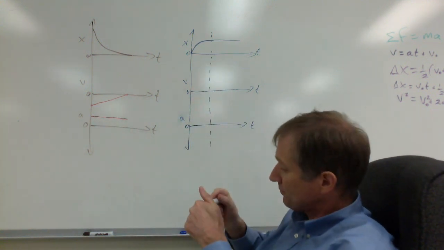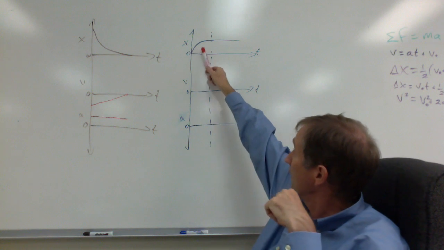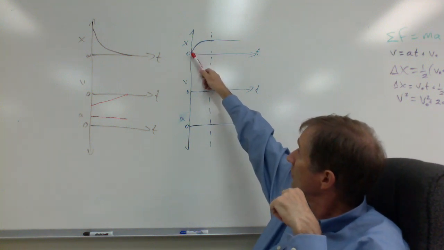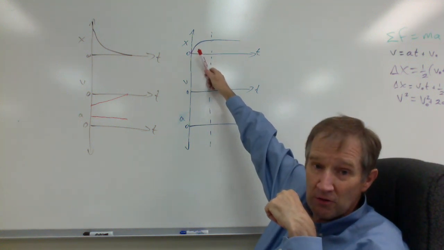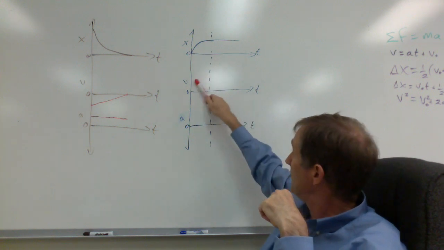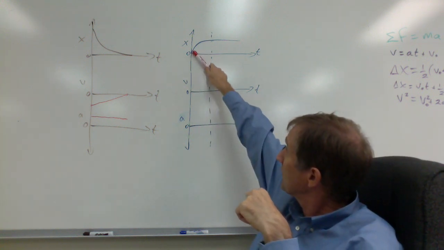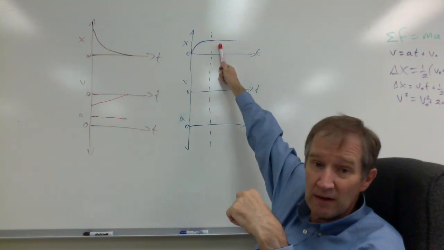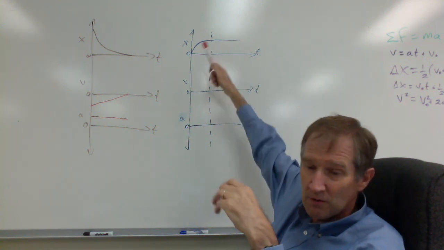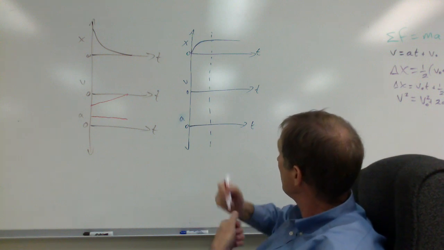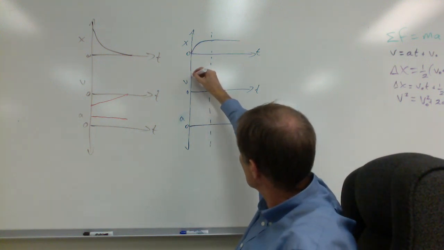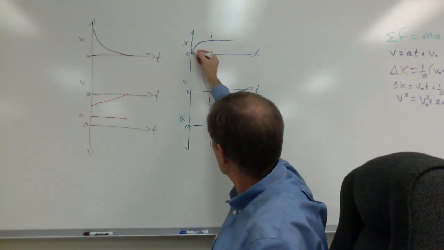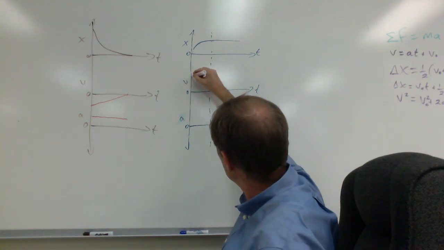Over here is another object that's slowing down, because it starts out steep but with a positive slope. So it's positive velocity, which is up here somewhere. But then it shallows out, and then right here it looks like it's just flat, which is standing still at some positive position. So it starts off with a positive slope here, so that's going to be up here somewhere.